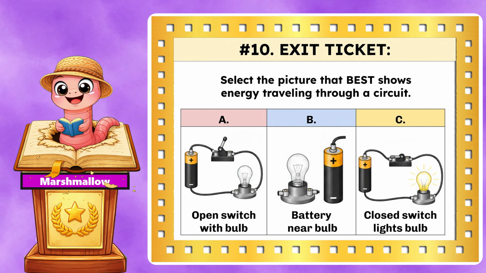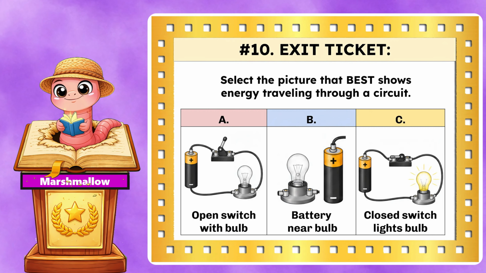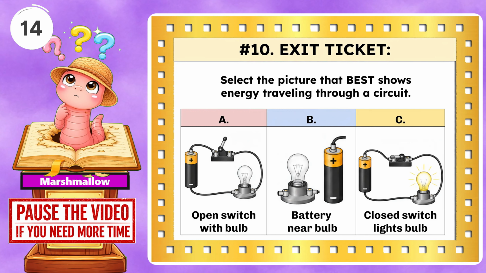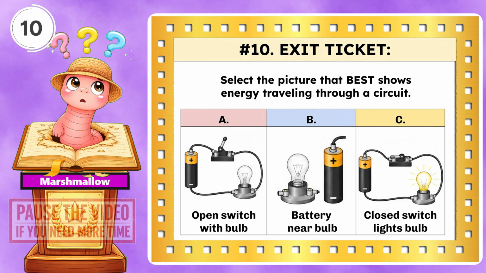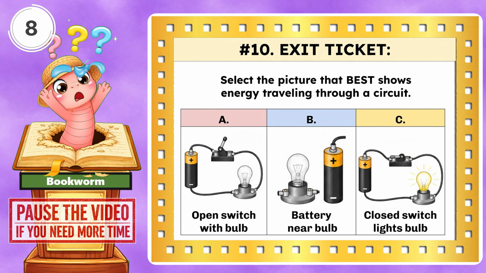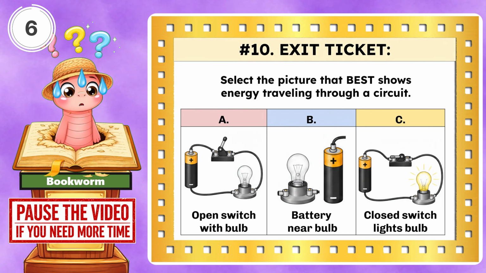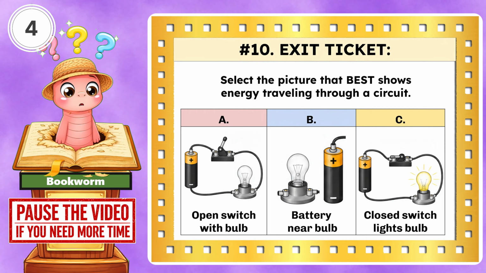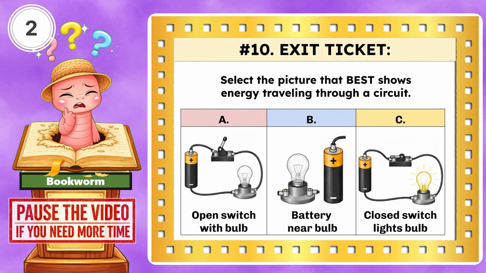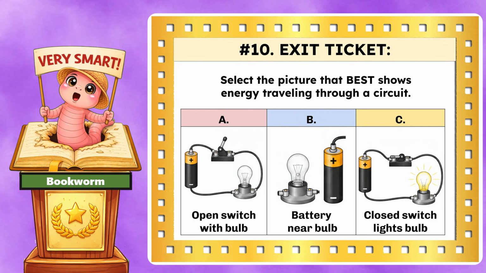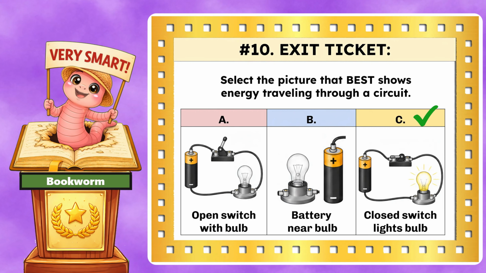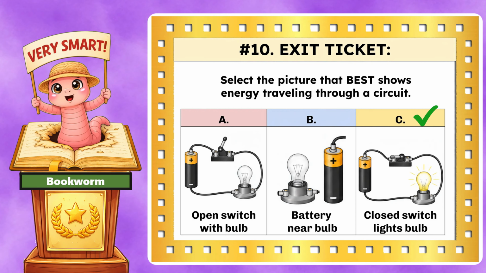Select the picture that best shows energy traveling through a circuit. And the correct answer is letter C, closed switch lights bulb.